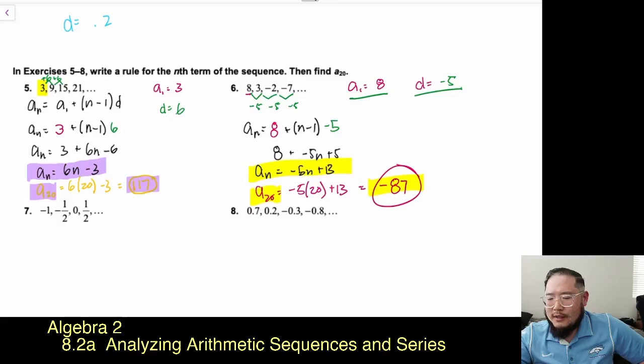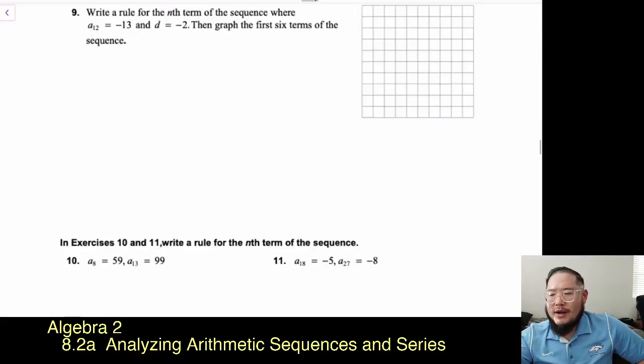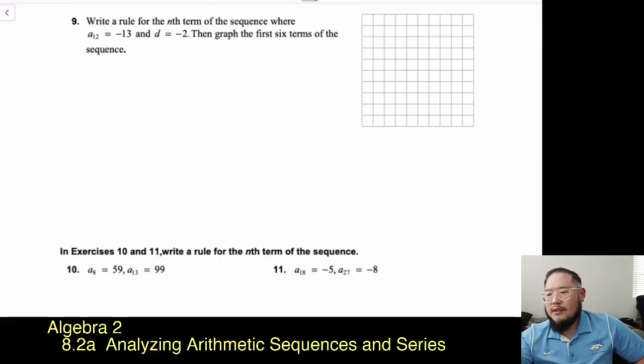Next up, let's go to number 9. It says, write the rule for the nth term of the sequence where a sub 12 is equal to negative 13 and d is equal to negative 2. All right, then graph the first 6 terms of the sequence.